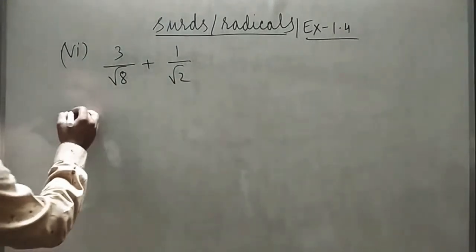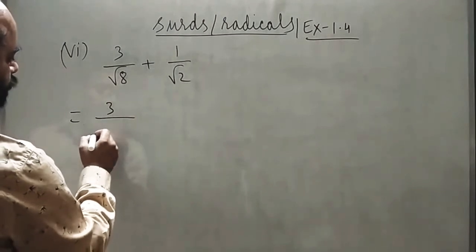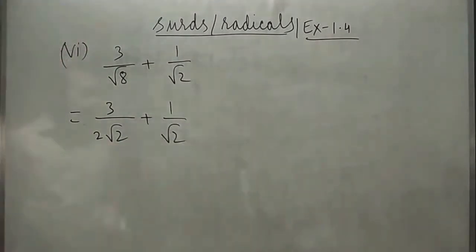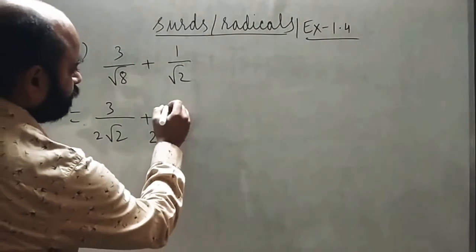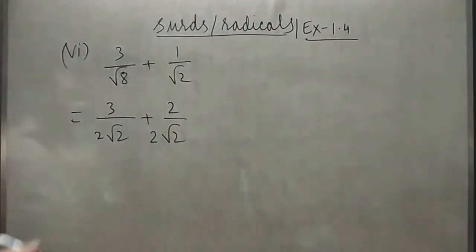So we can take it as 3 upon root 8 can be written as 2 root 2 or not? Tell me. Can we write root 8 as 2 root 2? Clear? We can multiply and divide so that the denominator is same.